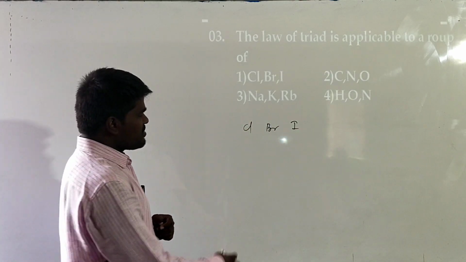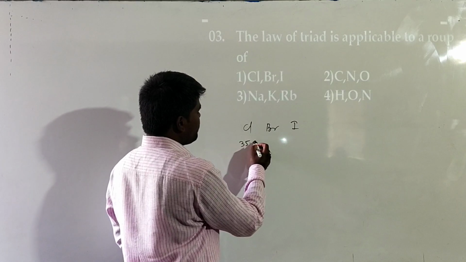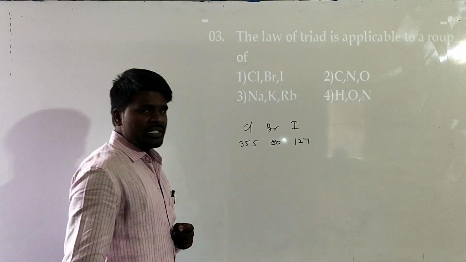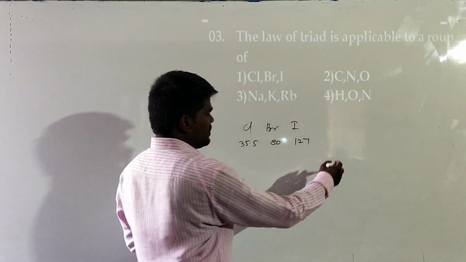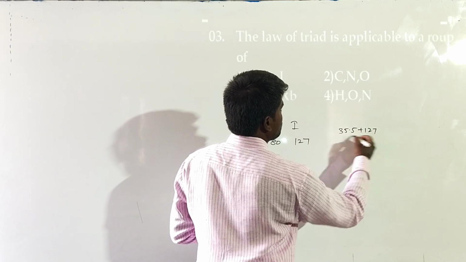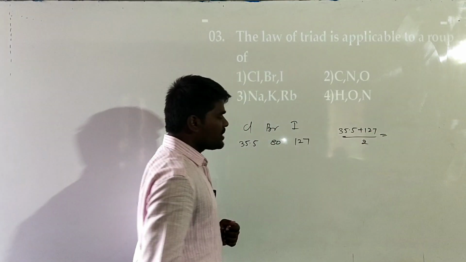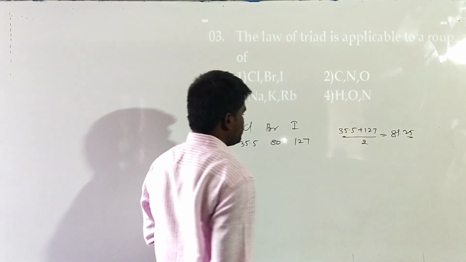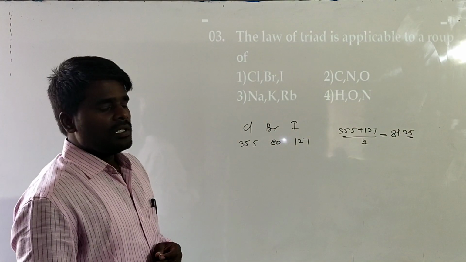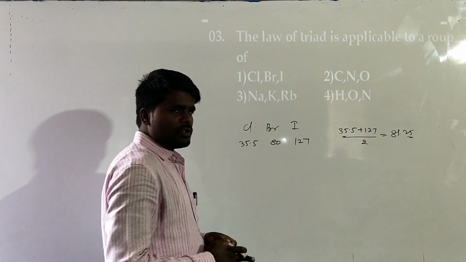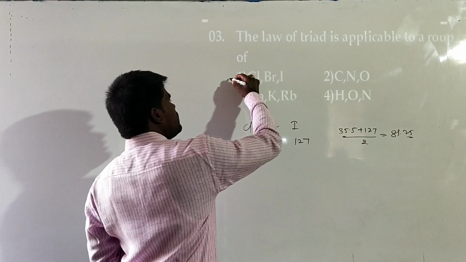Their atomic weights: chlorine is 35.5, bromine is 80, iodine is 127. Let us see the average of first and last, that is chlorine and iodine. It comes to 81.25, which is approximately equal to bromine. So this is your triad.